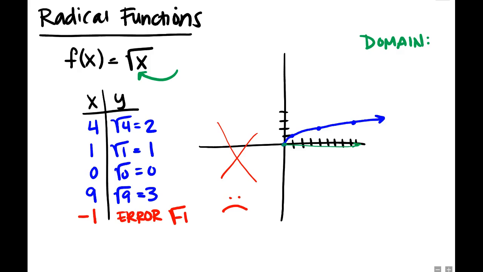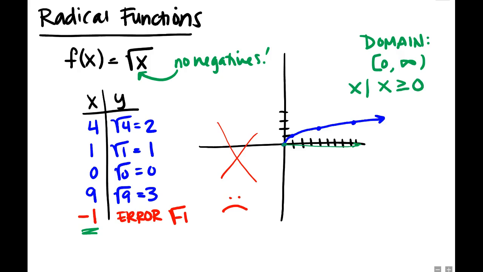As we just said, there are no negative numbers. So there are actually two ways you can write this domain. You could write it using interval notation: we started at 0 and we went up to infinity. Or you can write it by saying x has to be greater than or equal to 0, cannot be negative. Technically, we should write this as set builder, since your domain is a set of possible values.